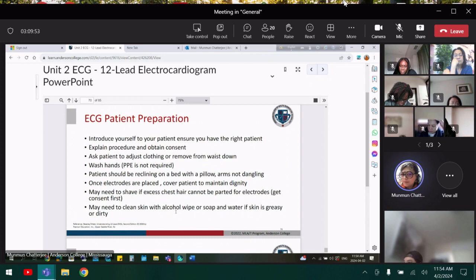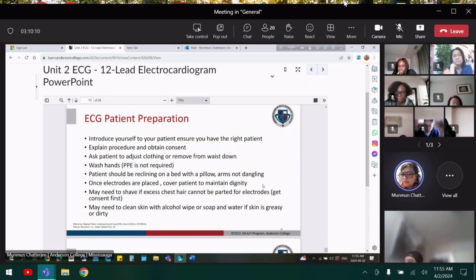Get consent first. May need to clean the skin with an alcohol wipe or soap and water if the skin is greasy. Most of the time you see they are putting the electrodes and they are coming out, or the electrode is there but it's not taking the proper signal.